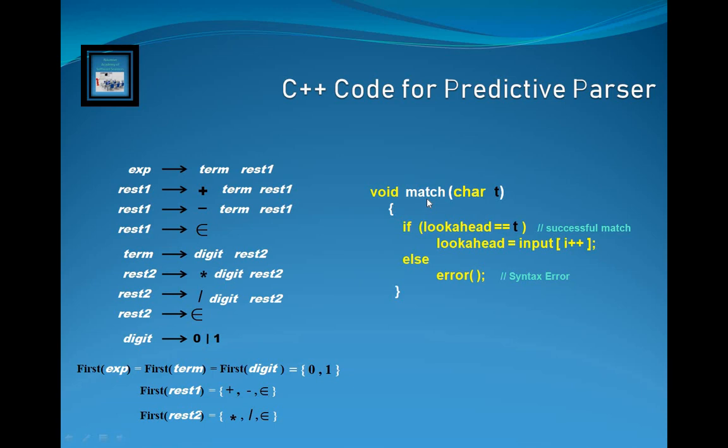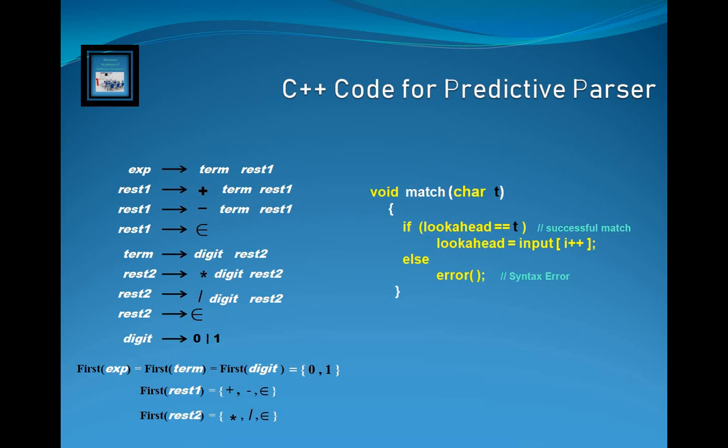The match function gets some token as an input, and it is going to match that token with the lookahead. I repeat that in our case we are considering that the input string of tokens is in the form of a one-dimensional array of characters, or you can say in the form of a string, where each character shows a token.